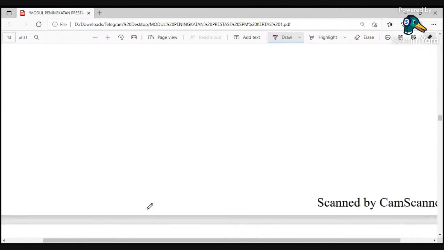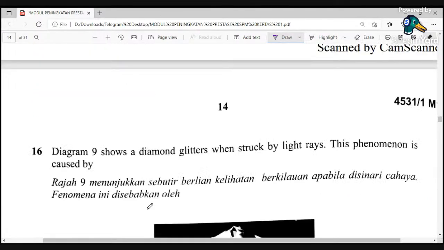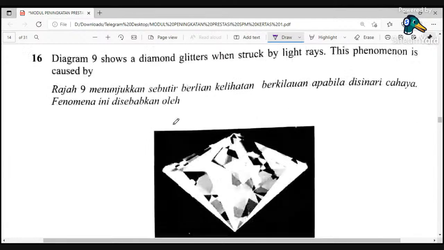Okay, number 16. Diamond glitters when struck by light rays. The phenomenon is caused by. Okay, this one you should know. For diamond, refractive index about 2.42.